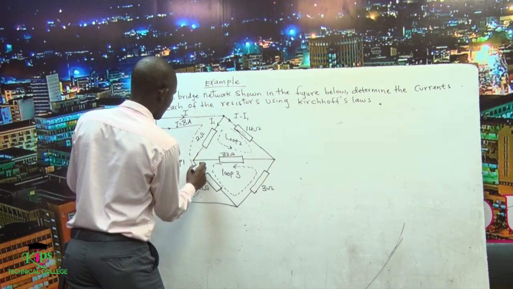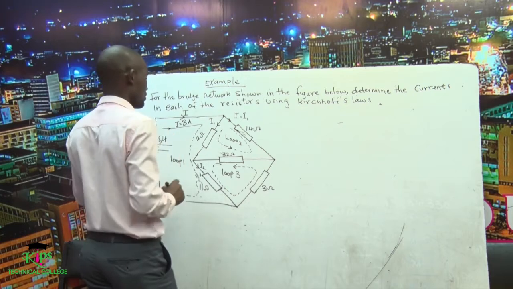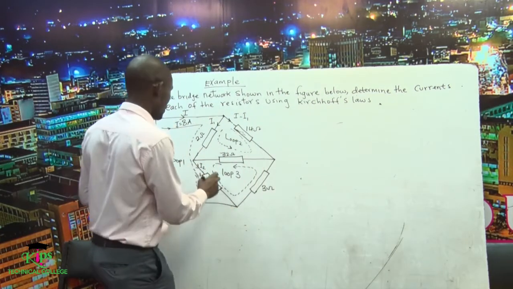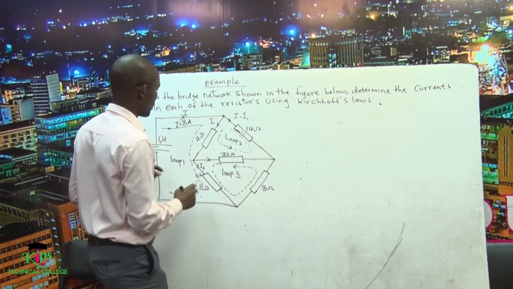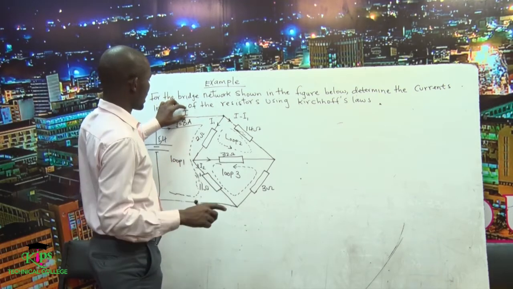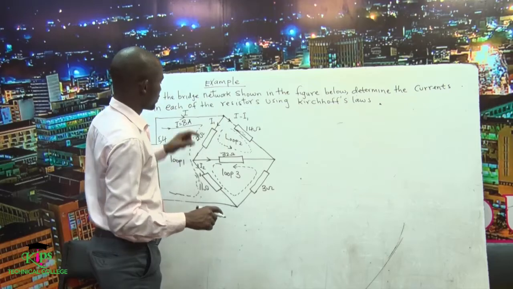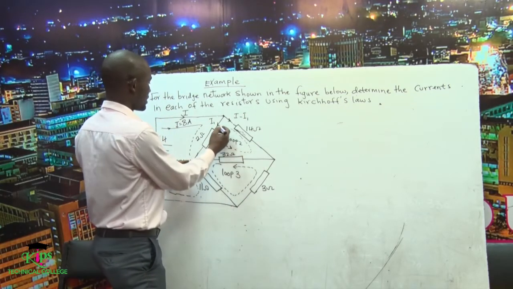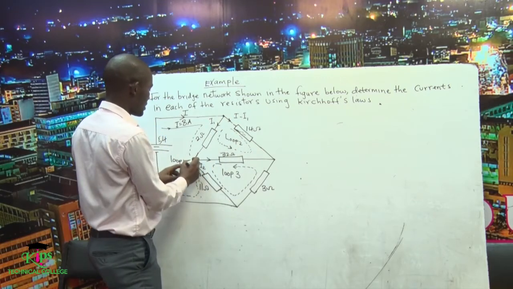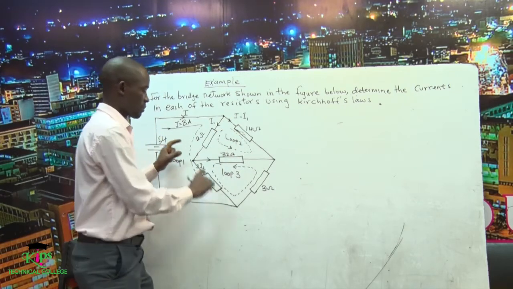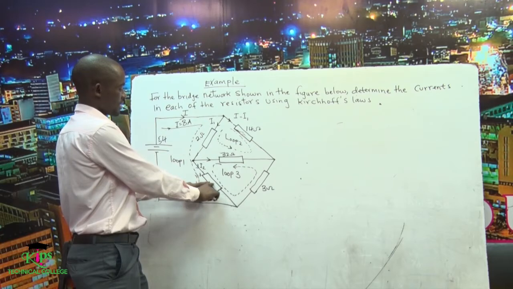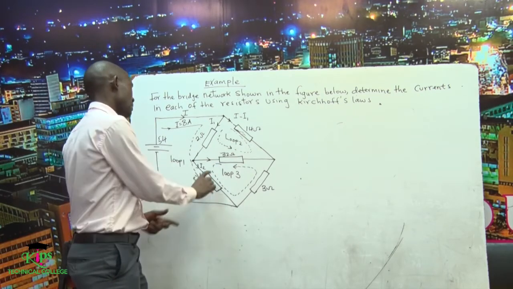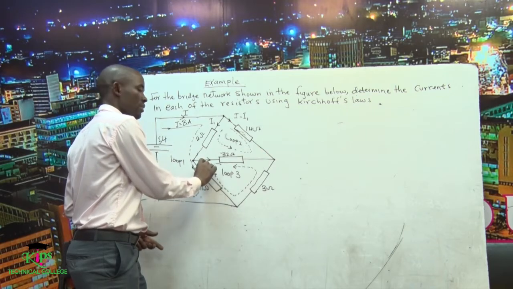So that now this becomes our I2. Again, we also need to determine the current passing through this other branch. Basically, we have said the current I comes to this point and is split into two, I1 and the remainder will pass through this point. We have also said this I1, once it reaches this junction, will also split. Part of it will move through this resistor and part of it will enter through this other resistor. So we are saying the part going through this resistor is I2.